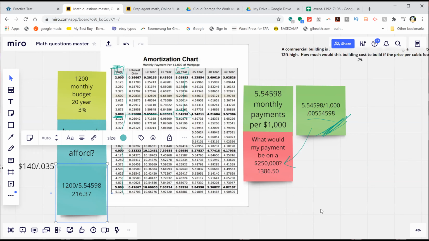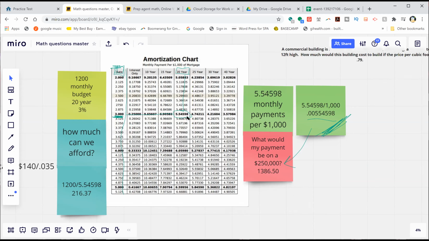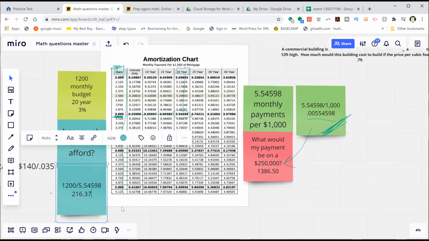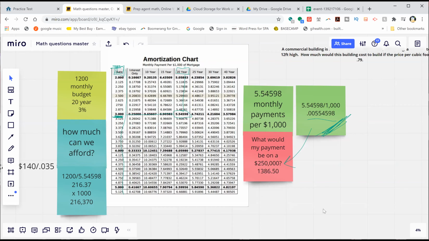Again, we're reverse engineering it a little bit. We're taking that monthly payment, figuring out how many times it goes into 1,200, and we know it goes into it 216 times. Now we have to multiply that by 1,000, and that would give us the mortgage that we could afford, which is going to be $216,370, okay?